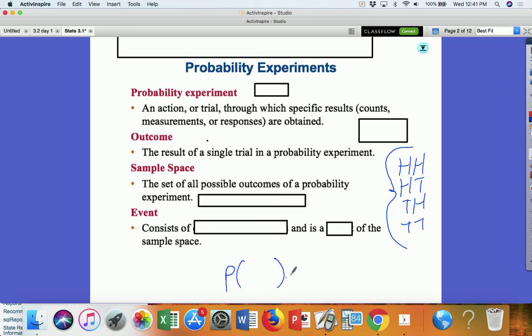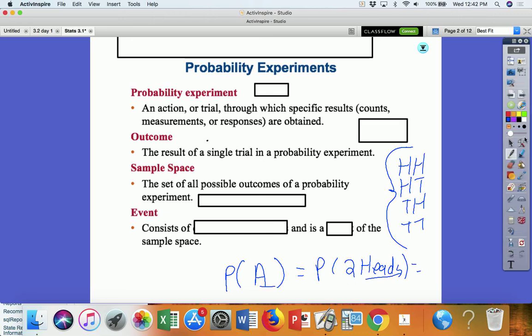When we're working with probabilities, we'll put a capital P on the outside and we'll put brackets. And the thing we're trying to calculate the probability of, we can write it on the inside. Sometimes we're going to put it like a capital letter. Sometimes we'll write out what the event is that we're trying to calculate the probability of. So maybe one event would be what's the probability of getting two heads on the flip of the coins.